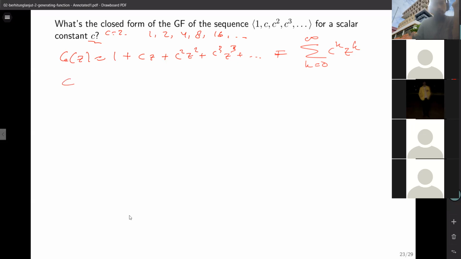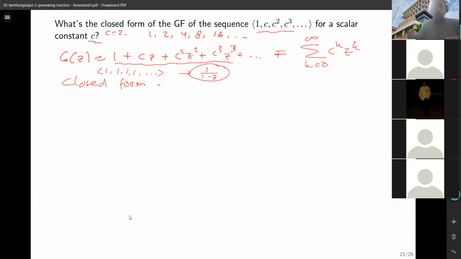So what is the closed form? We use the same idea as what we've seen for the sequence 1, 1, 1. How do we get this? We get it by geometric series, right? Observe that there is a constant ratio between two successive terms.